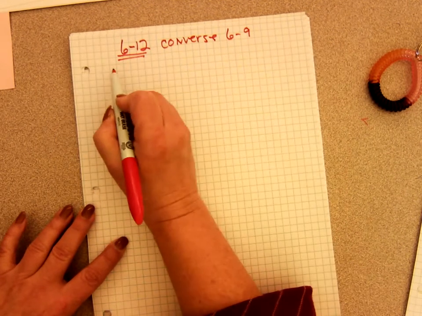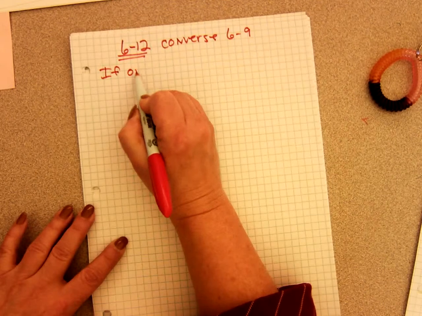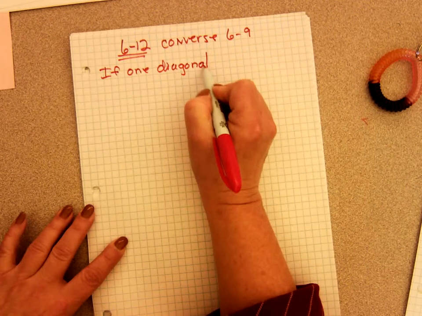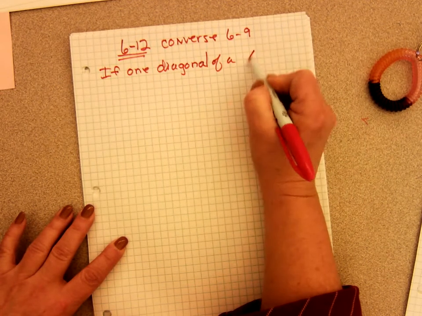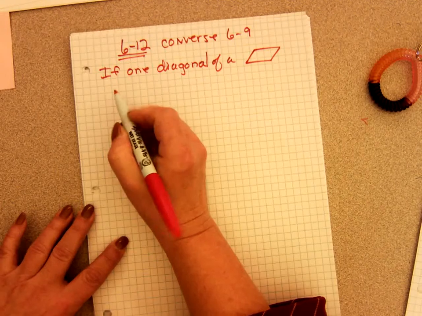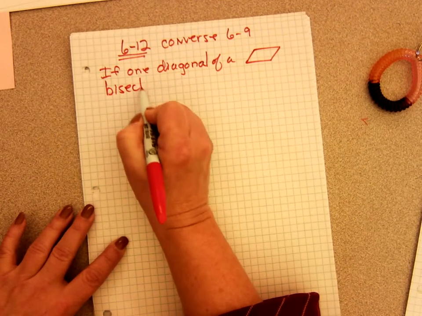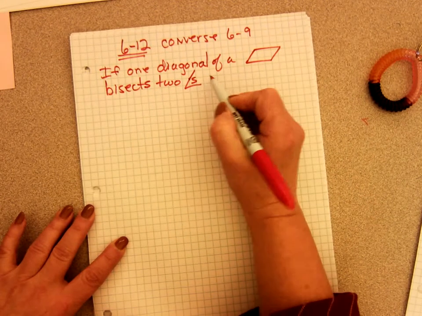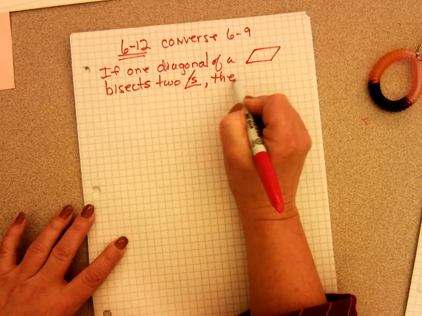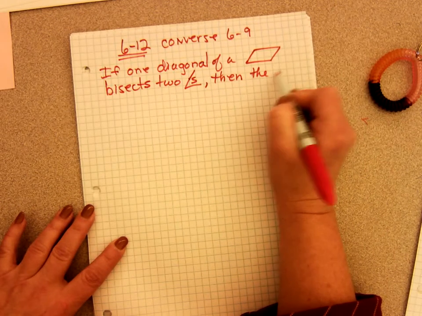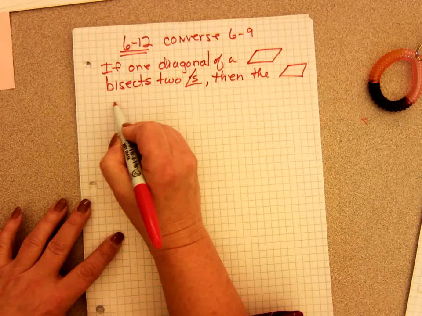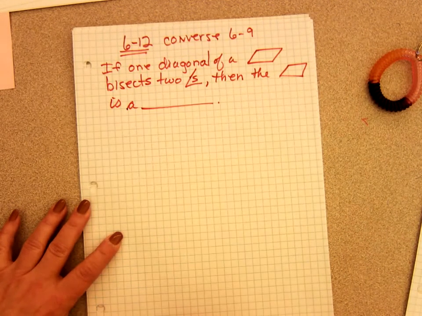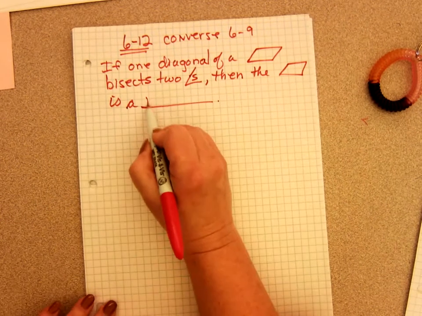So 6-12 states, if one diagonal of a parallelogram bisects 2 angles, then the parallelogram is a what shape? Very good, rhombus.